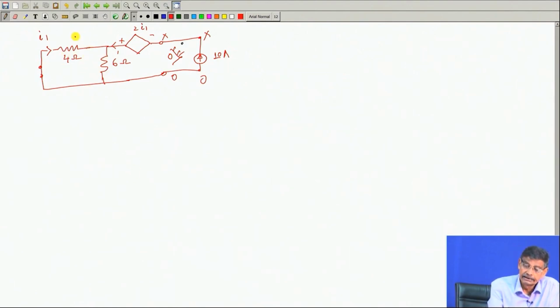So, current in this direction in this branch, because of this 10 ampere, will be 10 into 6 divided by 10, that is 6 ampere, is it not? 6 ampere will flow there, and if this is 6 ampere, you can easily verify this is 4 ampere, but the arrow is important.